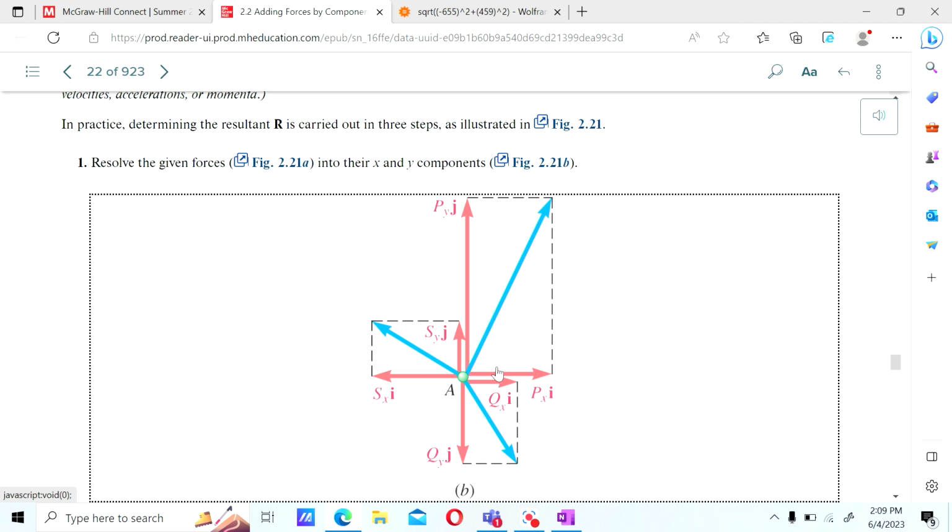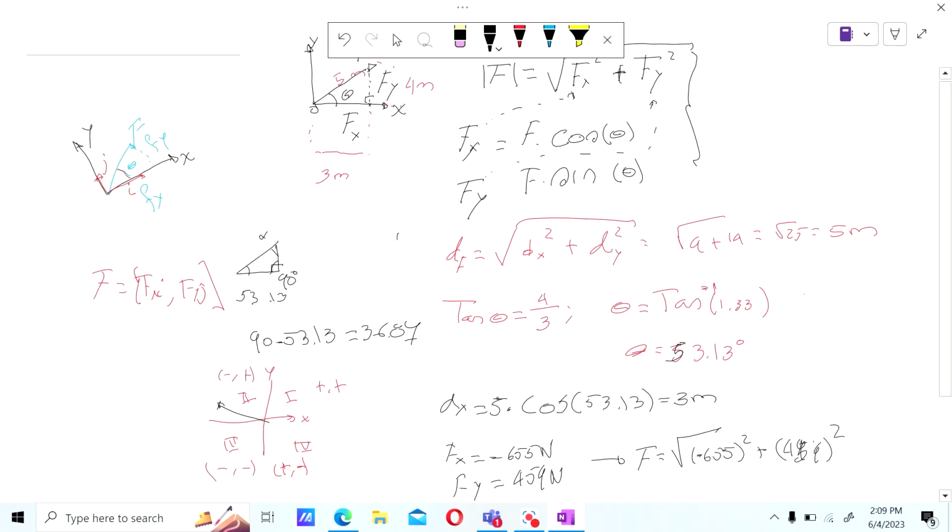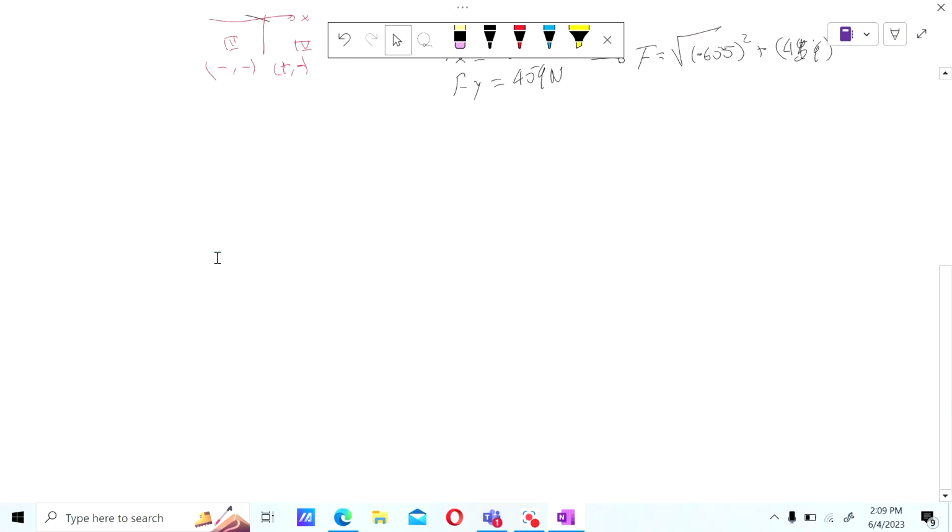So if the vector, so for instance, let's keep drawing here. Let's say they give us the origin, x, y, and forces 1, 2, 3, 4. Let's do 4.